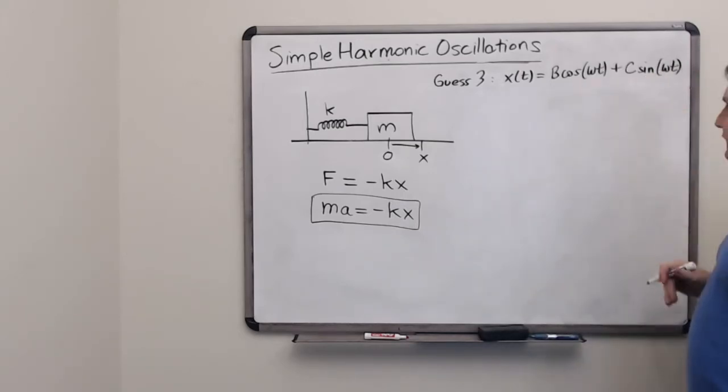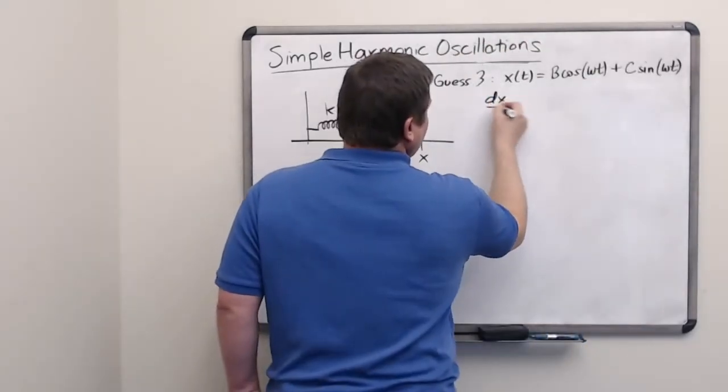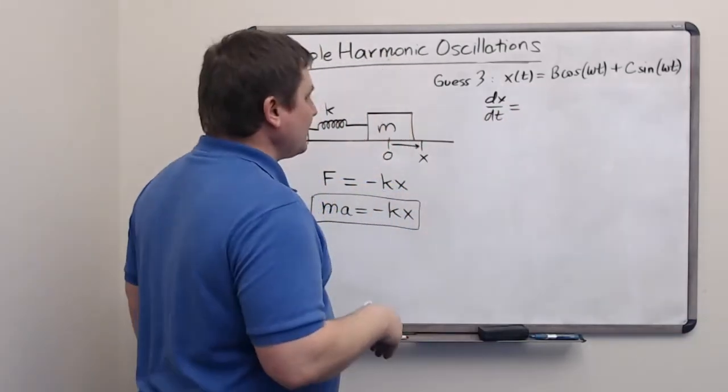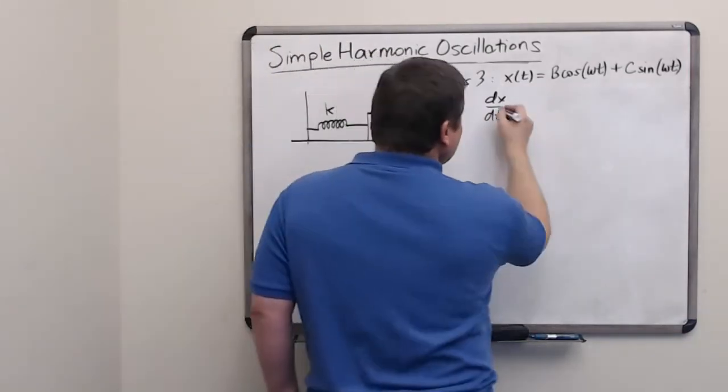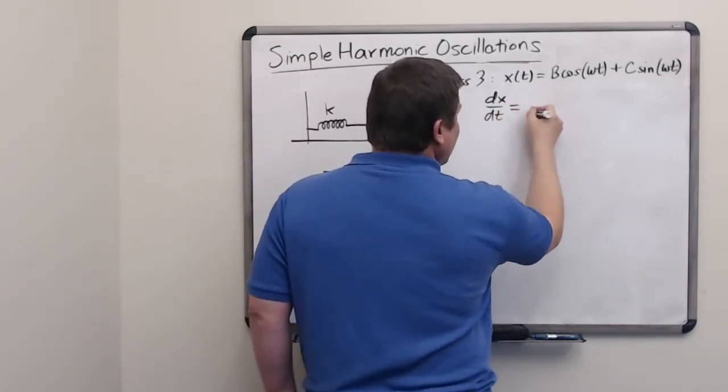Both of these will have the same property, that their derivatives flip into the other function. So they'll still work. So let's go through the check part of our guess.